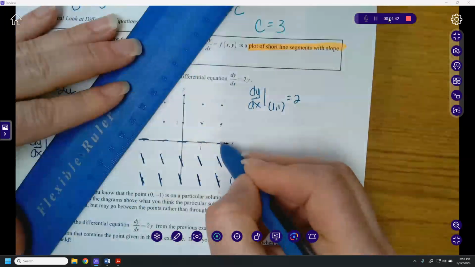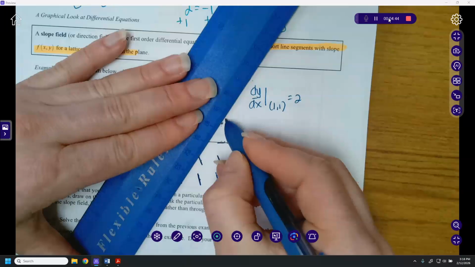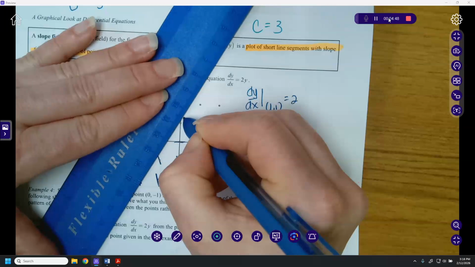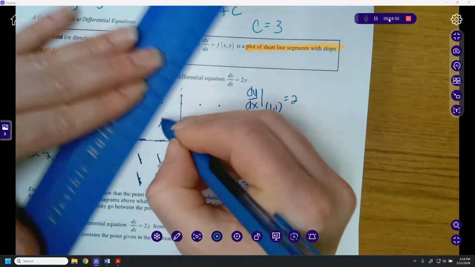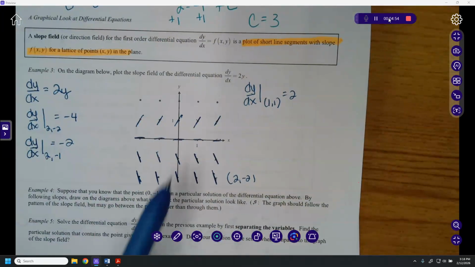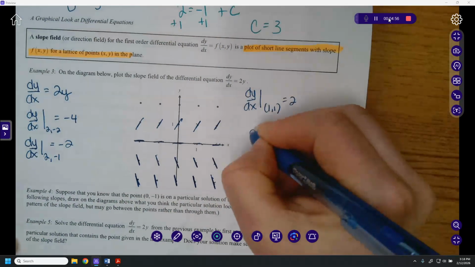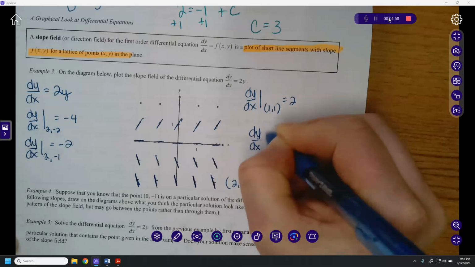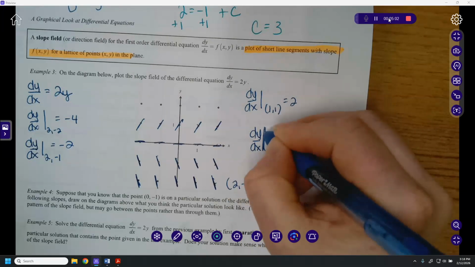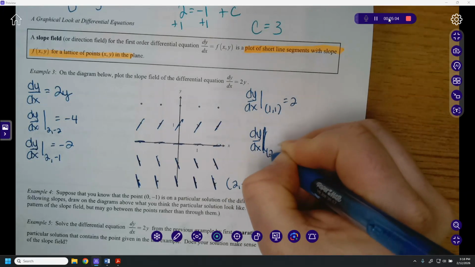So I'm going to go back a little bit again and make them all be the same. And it's pretty clear that these are steeper than those. That's kind of what they're going to be looking for. And then the last row is the point (2, 2).